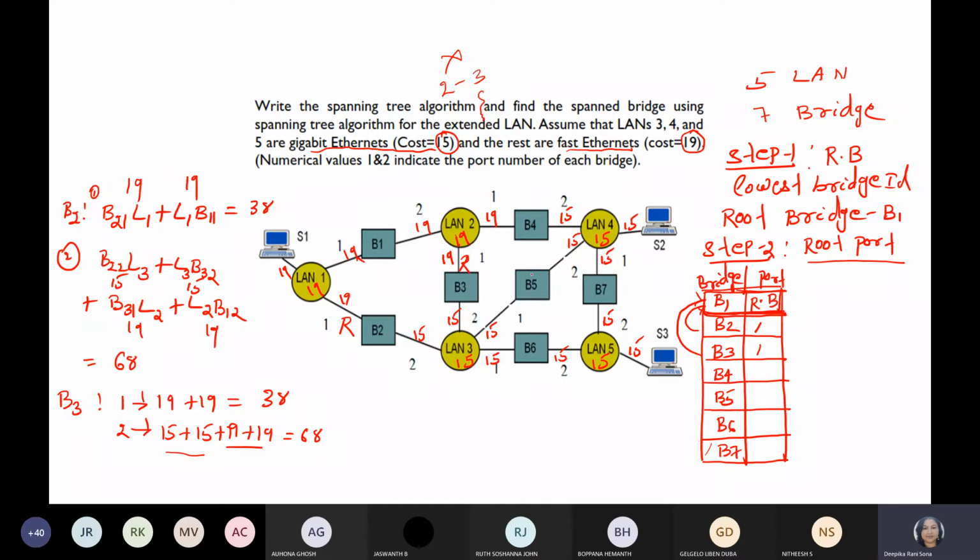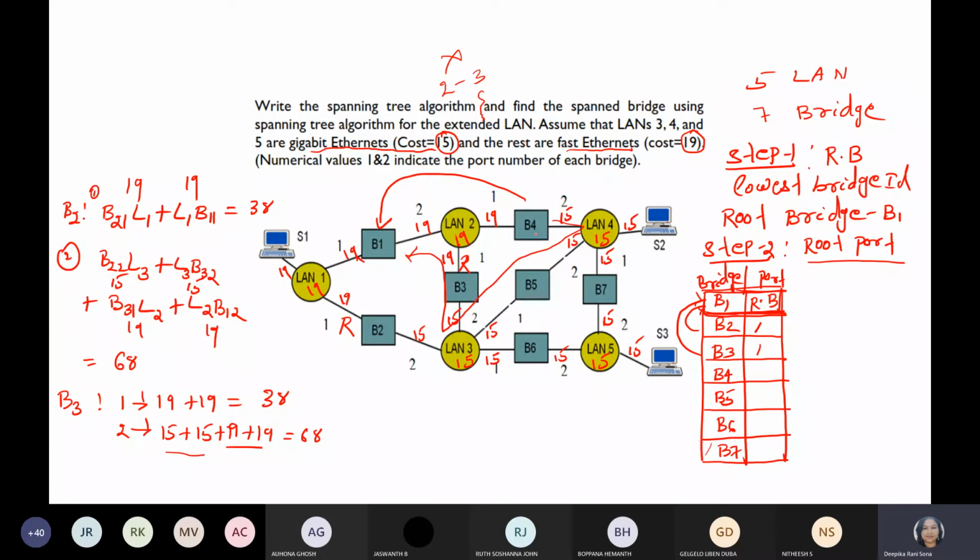Then for B4, what are the possible paths? Here to here, then here in this way. It is path 2. You can go in this way also, guys. It is your choice.